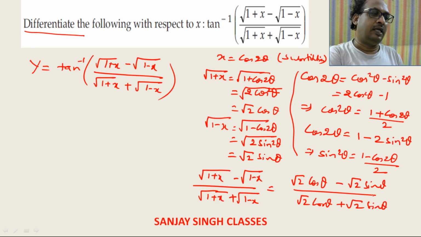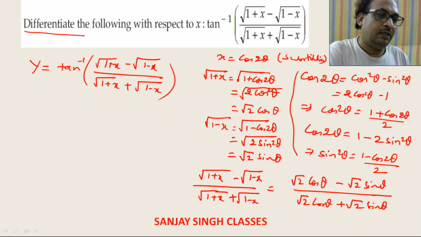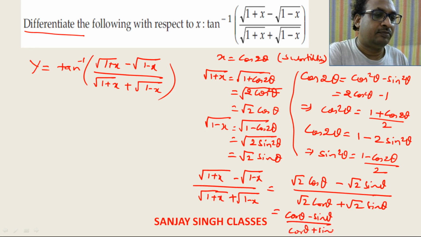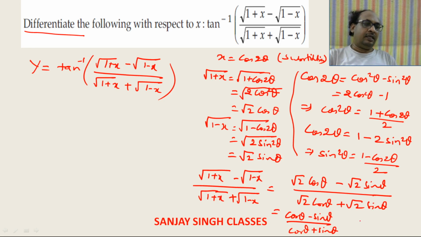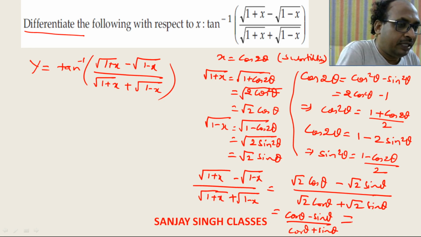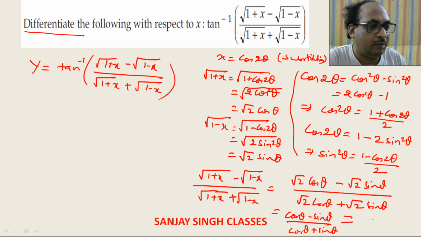Root 2 is common in numerator and denominator, so we can cancel it, and we get cos theta minus sin theta divided by cos theta plus sin theta. Now we divide numerator and denominator by cos theta. Thereby we get 1 minus tan theta, since sin theta by cos theta is tan theta, divided by 1 plus tan theta.